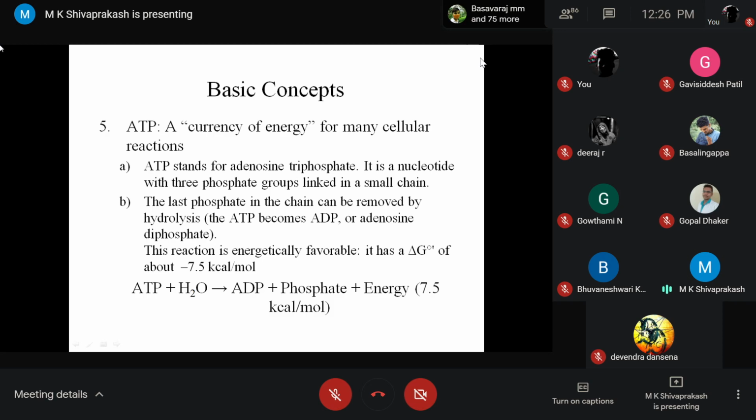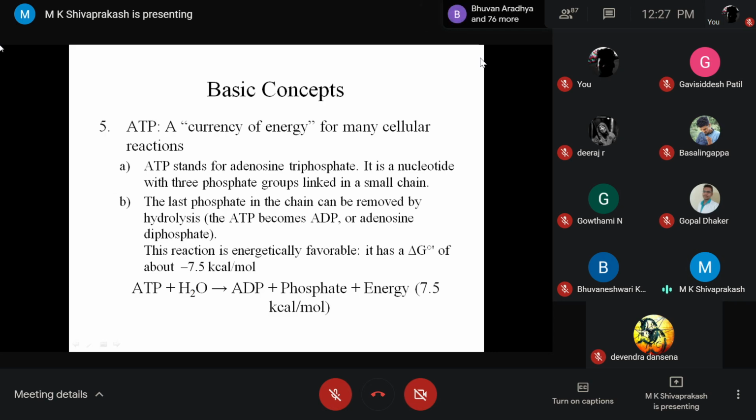Similar to ATP, you can also have GTP, which you come across in the TCA cycle and many other reactions. But the most common molecule seen in most metabolic reactions is ATP, which stands for adenosine triphosphate.